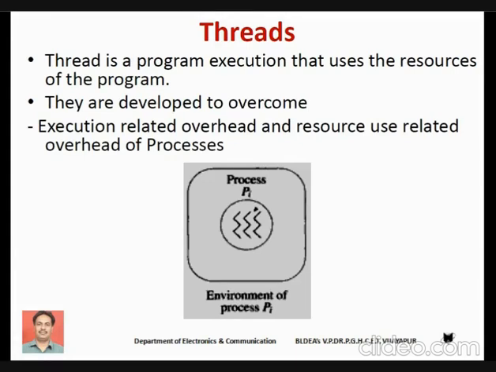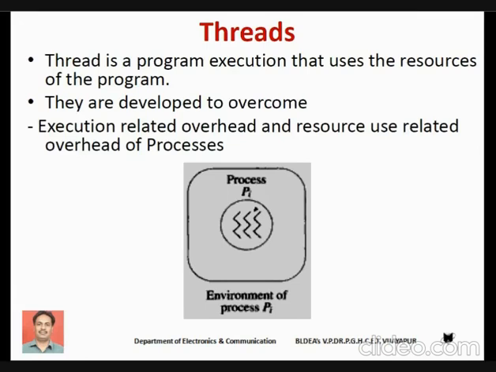There are two reasons. There are two overheads while using processes. One is execution related overhead, and the second one is resource related overhead. For example, when you want to switch from one process to another process, you are required to store the entire computation state of that process.